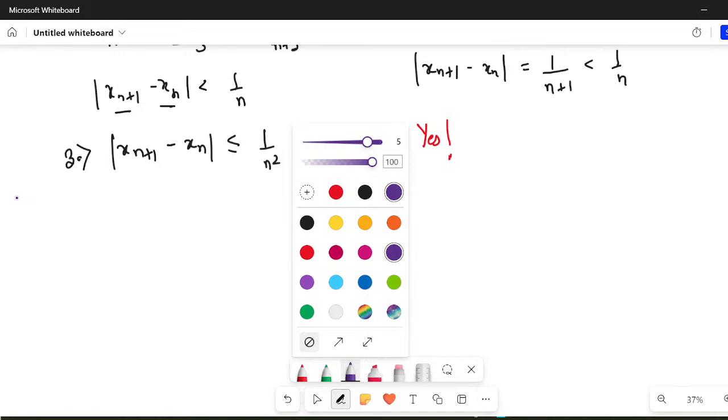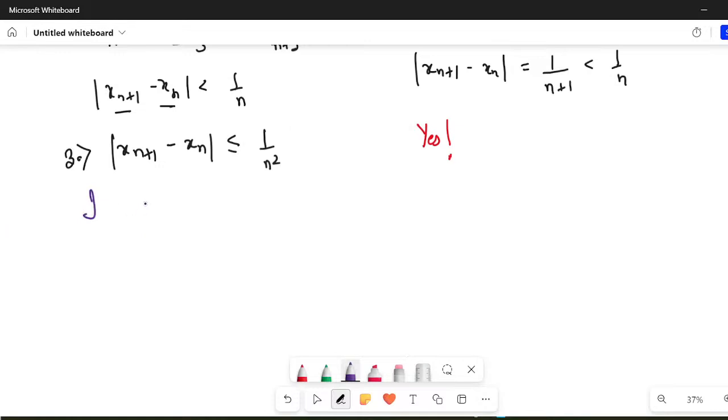I need to estimate the modulus of xm minus xn, and whether it can be made less than epsilon for all m greater than n greater than or equal to n naught belonging to natural. Only then would I say that my sequence is a Cauchy sequence.